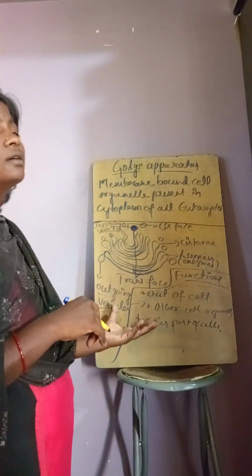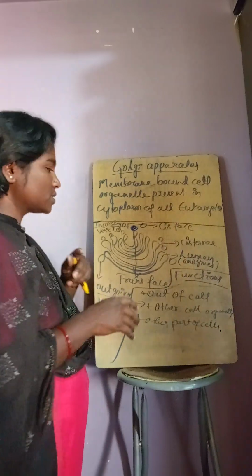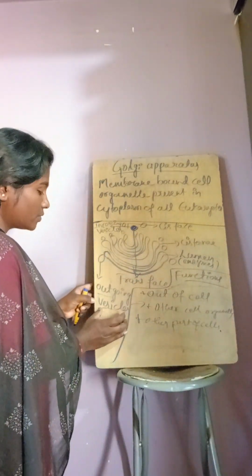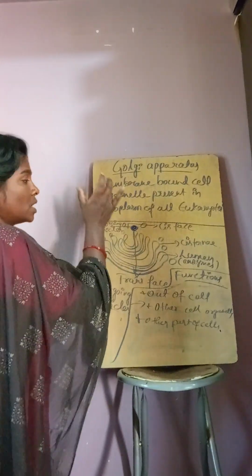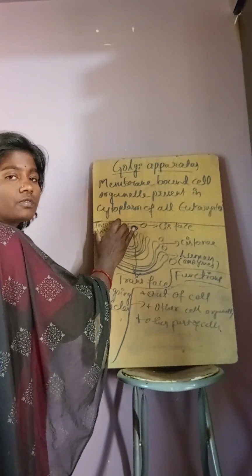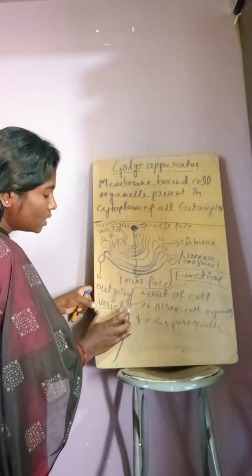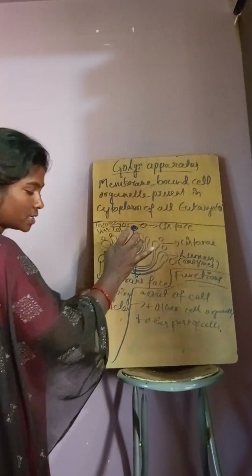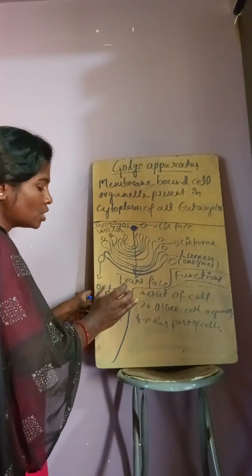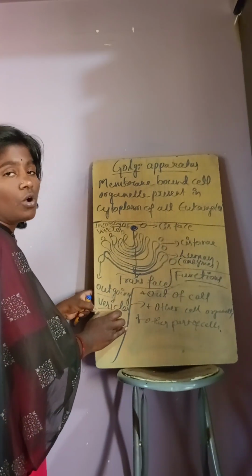Okay, this is the function of the Golgi apparatus. Here we can observe the outgoing vesicles, and here the incoming vesicles. Incoming vesicles are from the endoplasmic reticulum and are bigger in size, and outgoing vesicles are from the Golgi apparatus, which are smaller in size. Those are modified in nature.